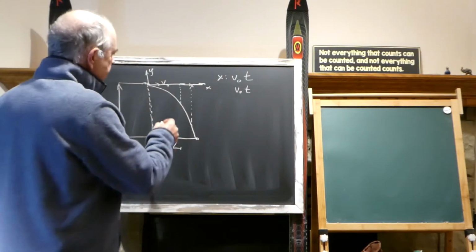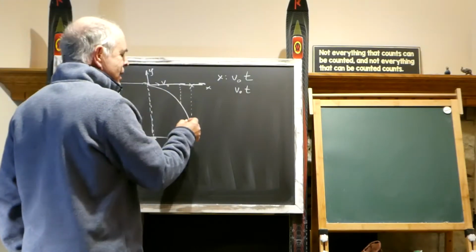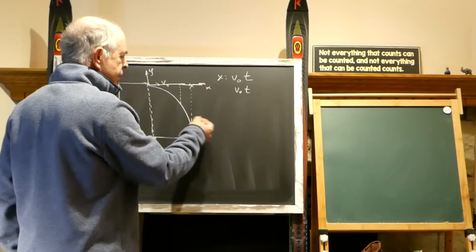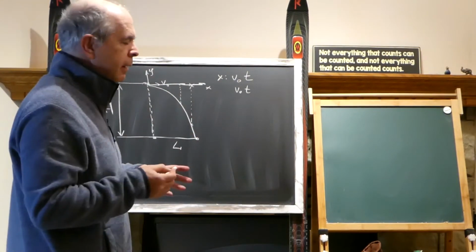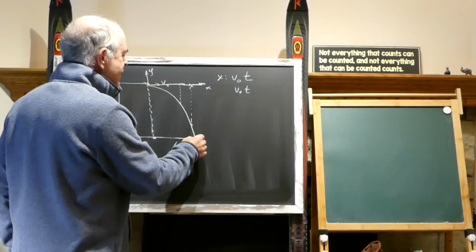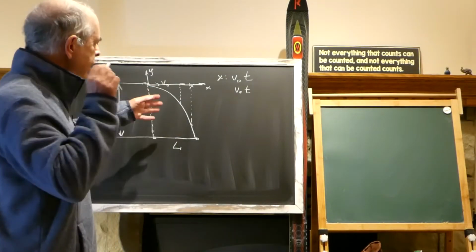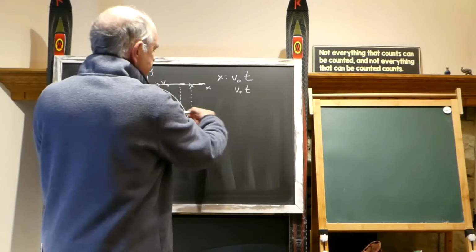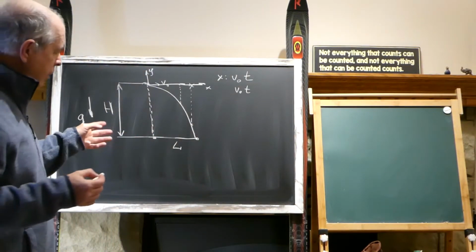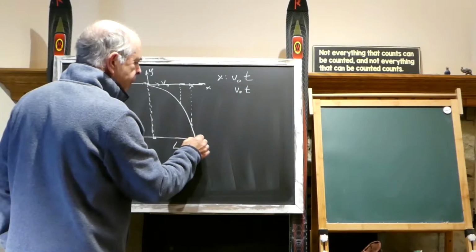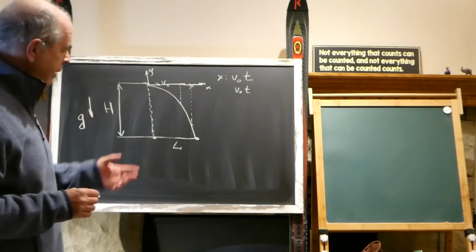Of course, this neglects the air. Of course there is air, and there is dragging and slowing. So it's not very precise. Plus there is wind. There may be side winds, there may be this wind. We can estimate how big the wind should be to deflect the bomb from a target.